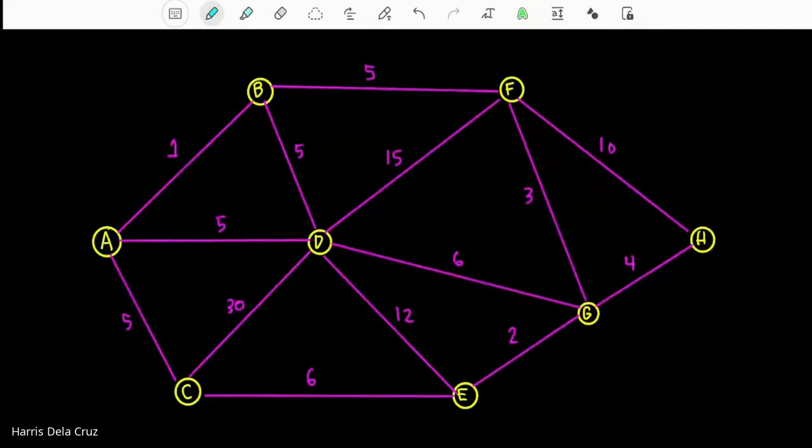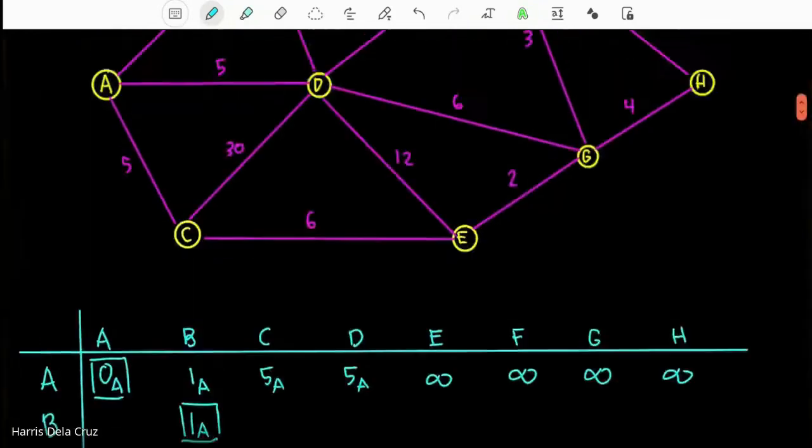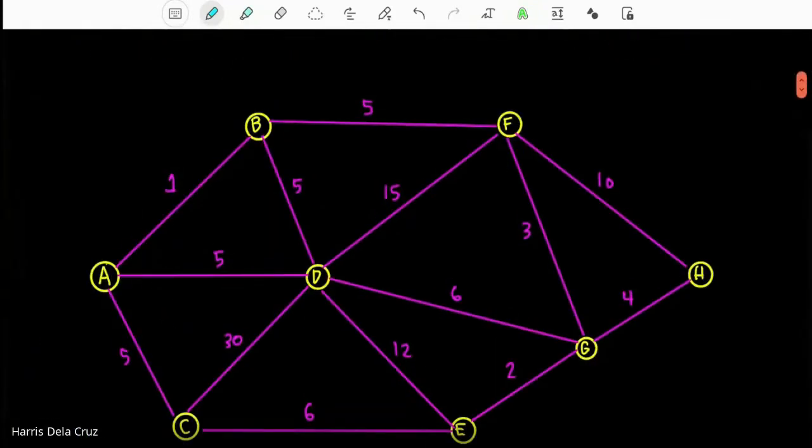Now, if we look at the value of the label of D, 5 sub A is smaller if we come from A than if we come from B, because if we come from B, the temporary label for D is 1 plus 5, which is 6.